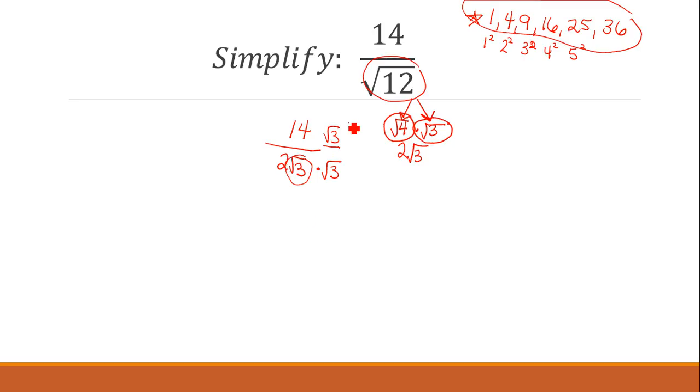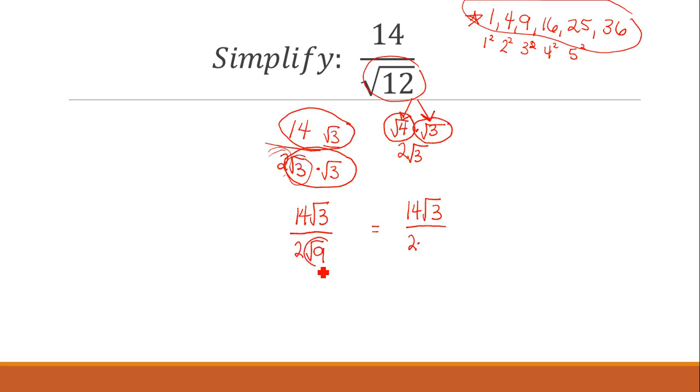On the top, I've created 14 square roots of 3 over, on the bottom, I still have that 2 that's just hanging out. But now square root of 3 times square root of 3 makes square root of 9, which means I have 14 square roots of 3 over 2 times the square root of 9. Well, that's just 3. So I have 14 square roots of 3 over 6.